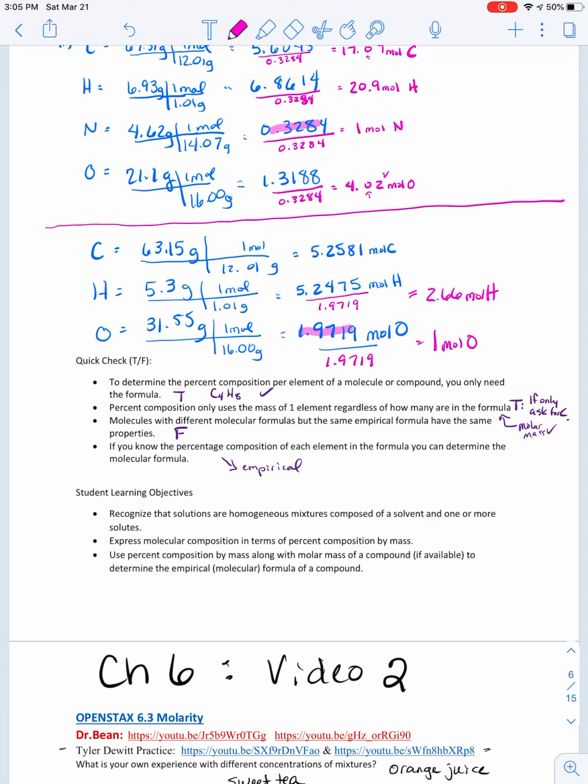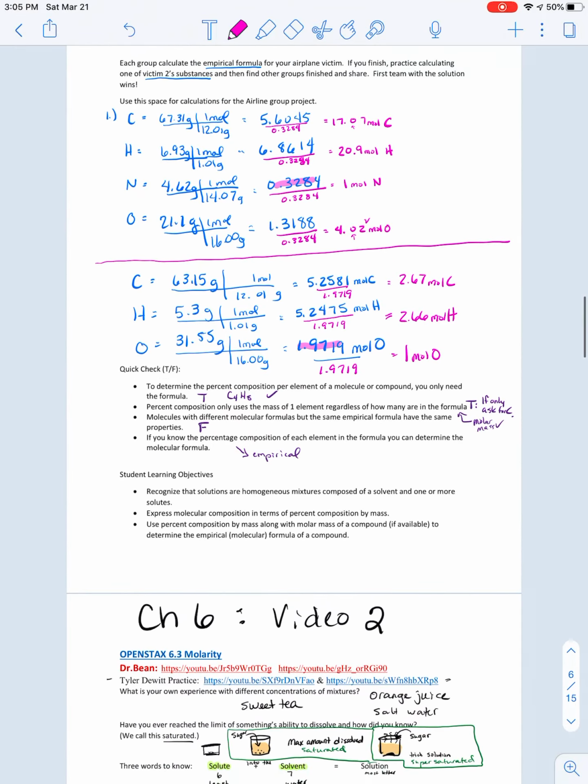That one gives me 2.66 moles of H, and then 5.2581 divided by 1.9719. Make sure I put it all in there, right? Yeah. That one also gives me, funny enough, 2.67 moles of C.